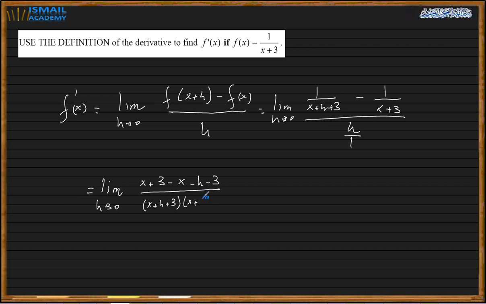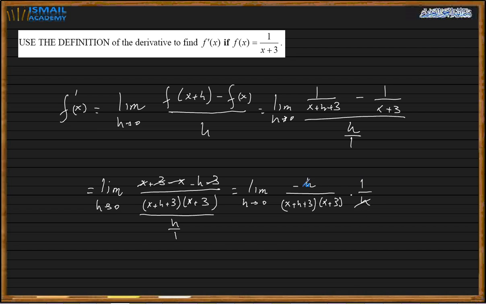So here I simplify the 3. What's left is the limit of, oh, I forgot here, h over 1. So here I multiply by the reciprocal because I will have a fraction over a fraction. So it's going to be the limit when h goes to 0 of minus h over x plus h plus 3 times x plus 3, times 1 over h.